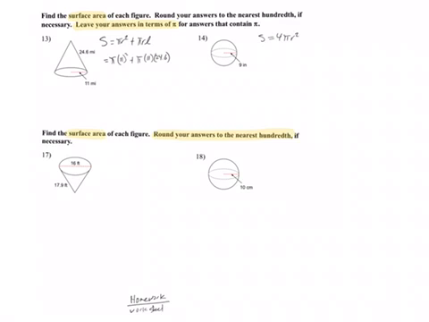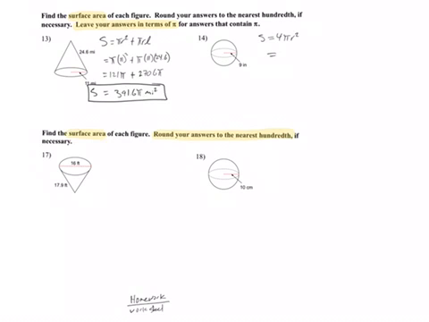Put it in your calculator. 121 pi plus 270.6 pi. So this is going to be 391.6 pi miles squared, because we're talking about surface area.